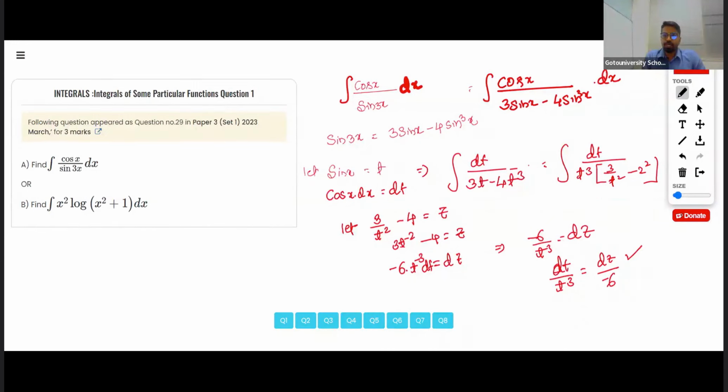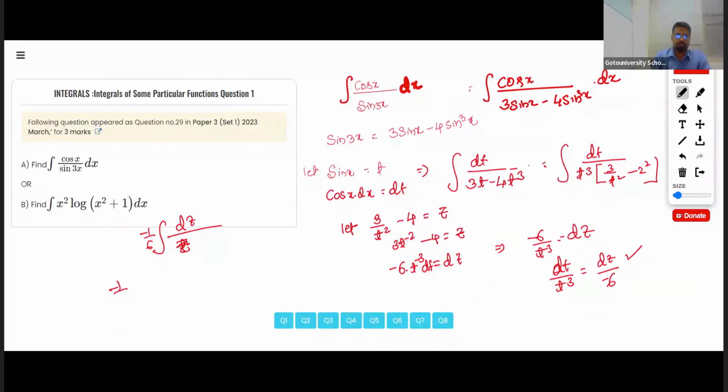So, do we have dt by t cube? Yes. In the place of dt by t cube, I need to replace it by minus 1 by 6 dz. So the given question becomes minus 1 by 6. The denominator is now z. Yes or no? It is z now. 1 by z dz.